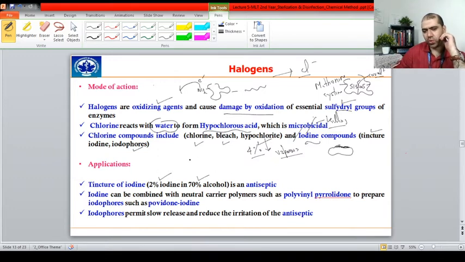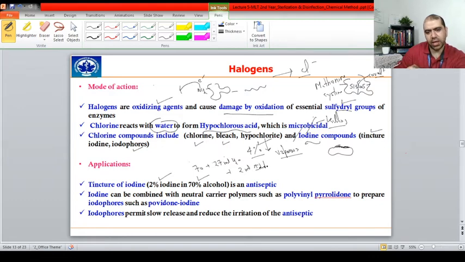So when you prepare 70% alcohol, first you can add around 70 ml of ethanol, plus instead of putting around 30% water, you can use 27 ml of distilled water, and then add to it 2 ml of iodine.